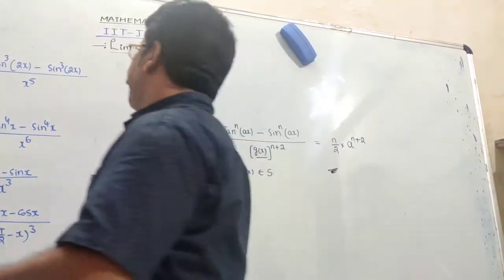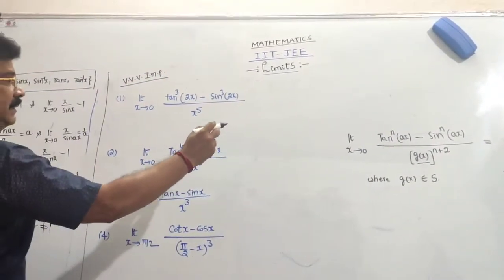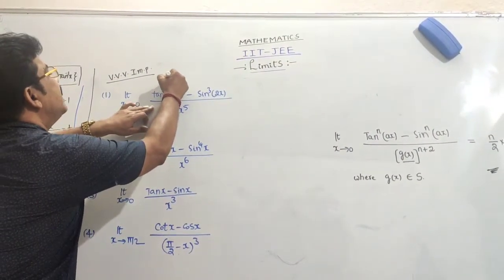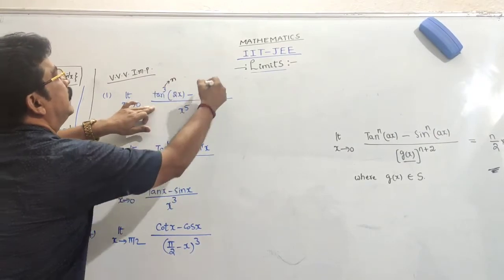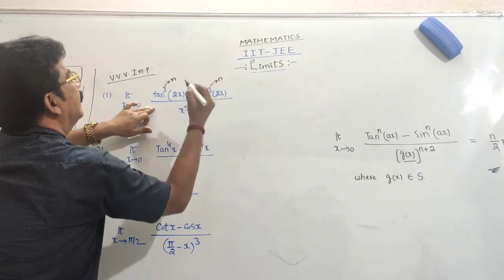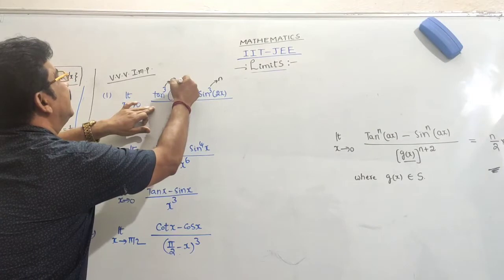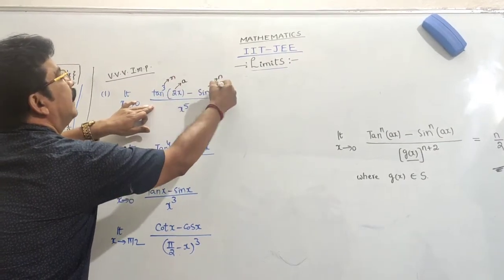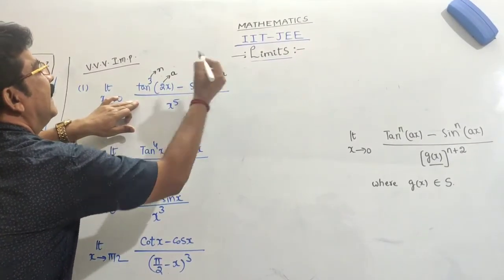You come here. So, compare with that shortcut. Here, n is 3. This is n. This is a.